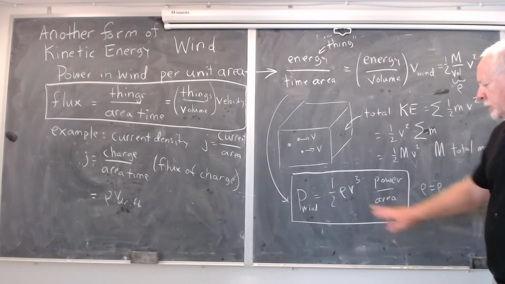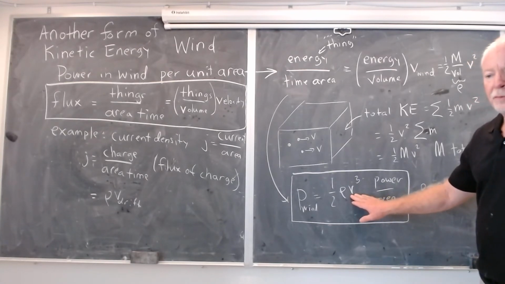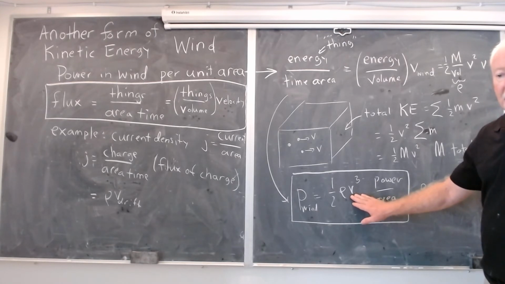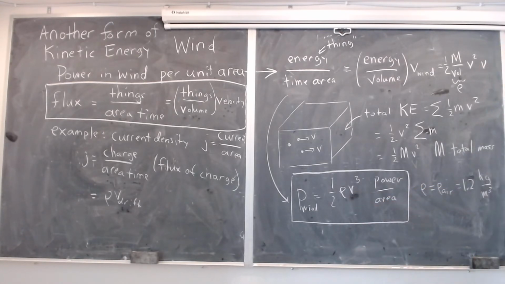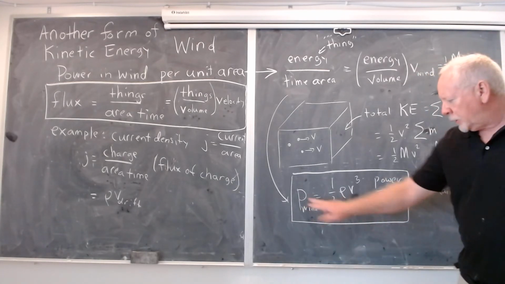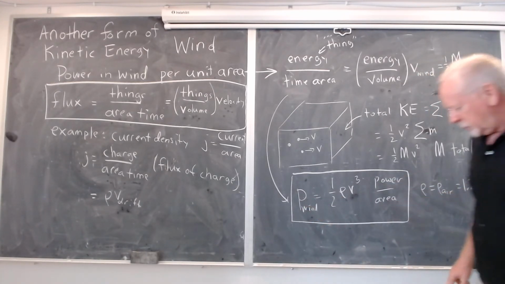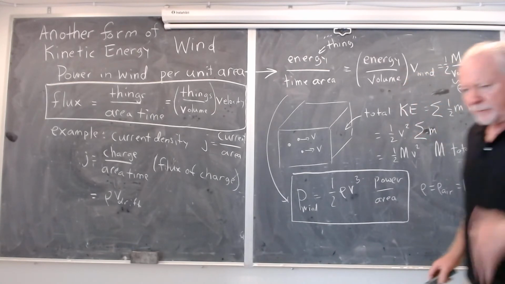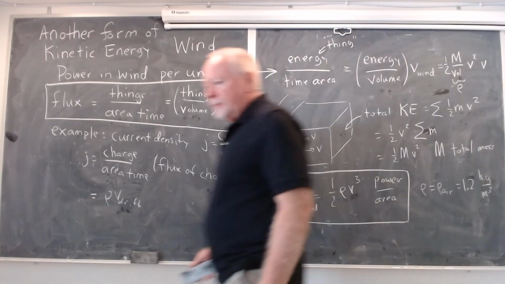So because the power in wind goes as V cubed, where V is the wind velocity, it matters a lot how windy it is where you put it. And okay, so that's the derivation of the power in wind, where P here is power per unit area. You have to keep that straight. And I believe I'm using W for power.